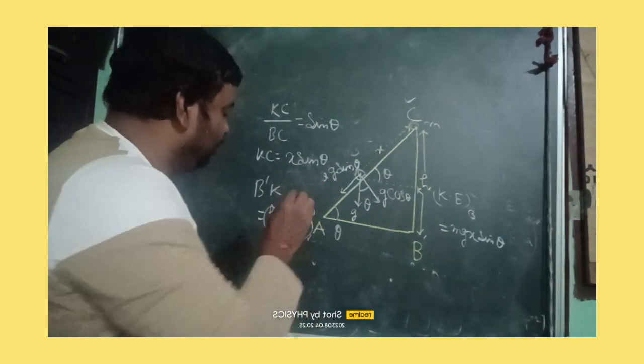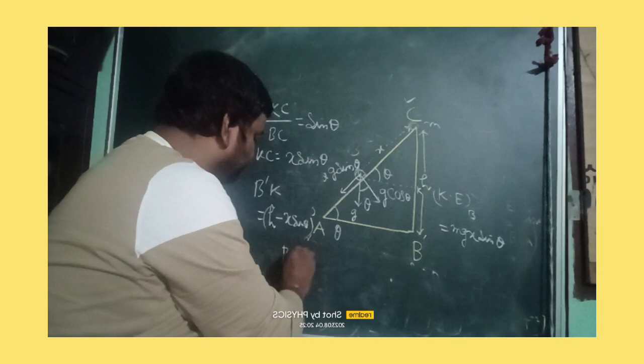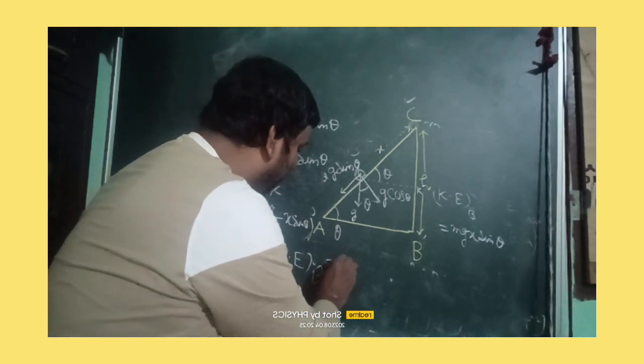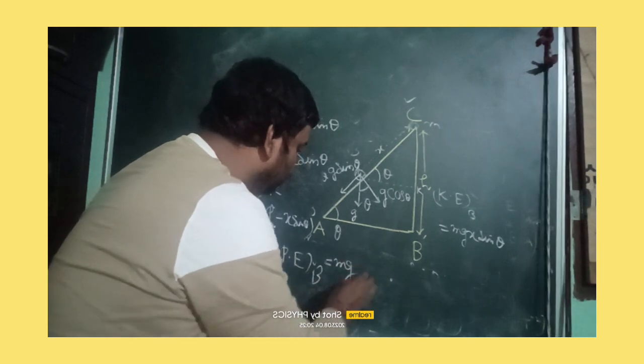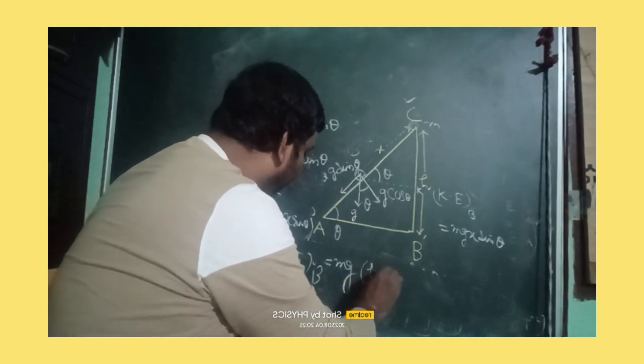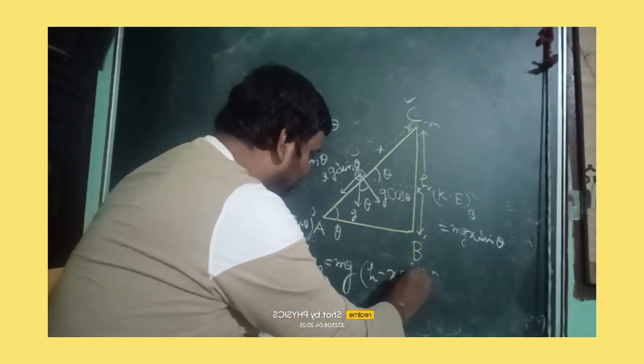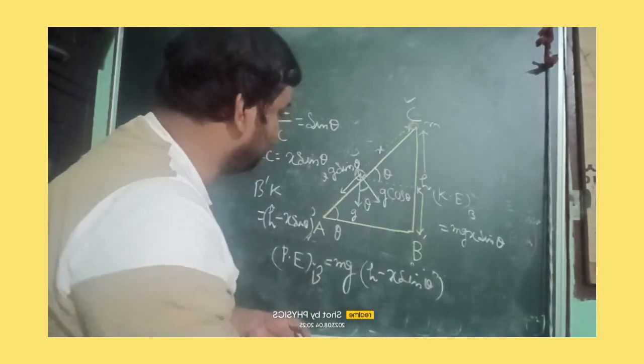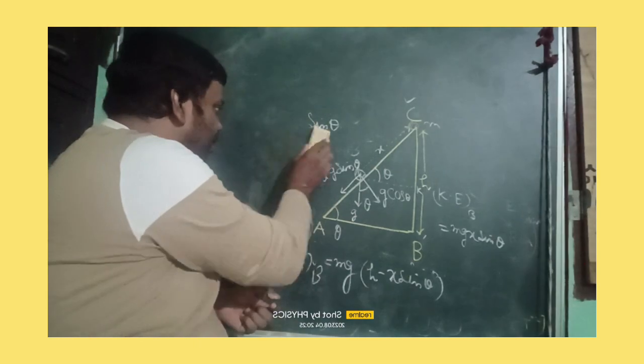Okay, now the potential energy at the point B is equal to mg into (h minus x sin theta). Now we have to calculate the mechanical energy.